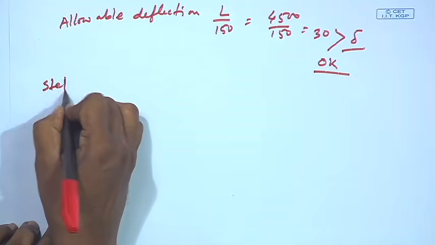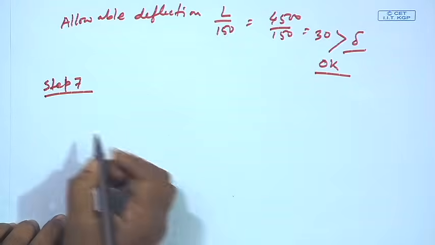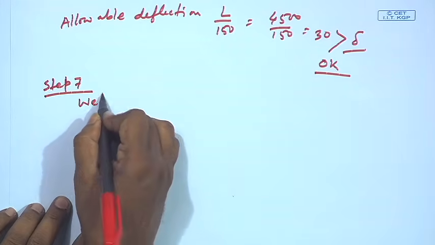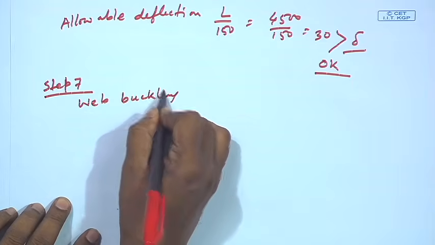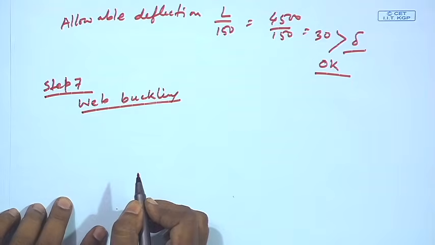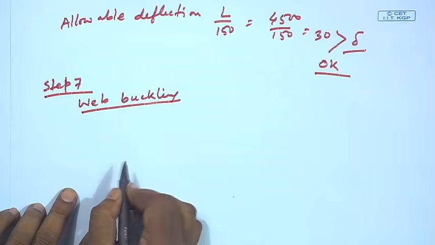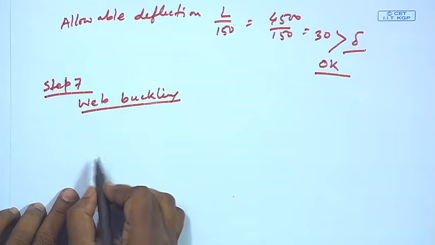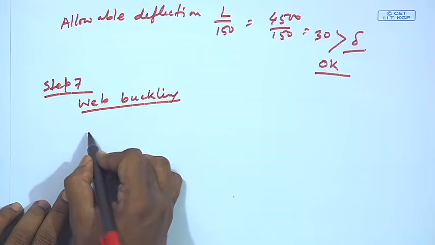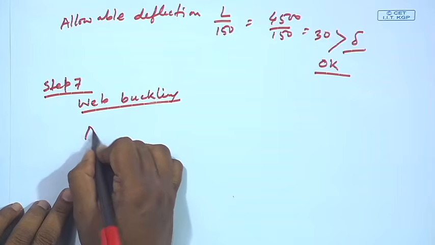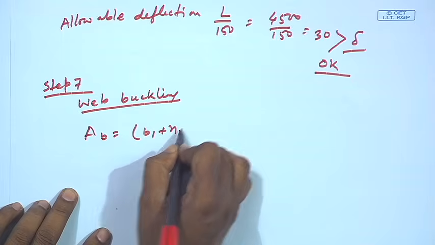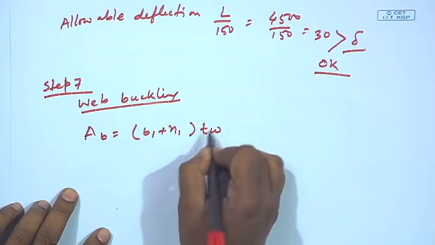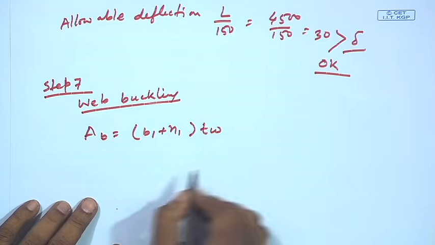Now, we will go to the next step, that is step 7, which deals with web buckling. You have to see whether the web is buckling or not. The cross sectional area of the web for buckling, that is A B, we can find out, that is B 1 plus N 1 into T W, because at the support only it will be.